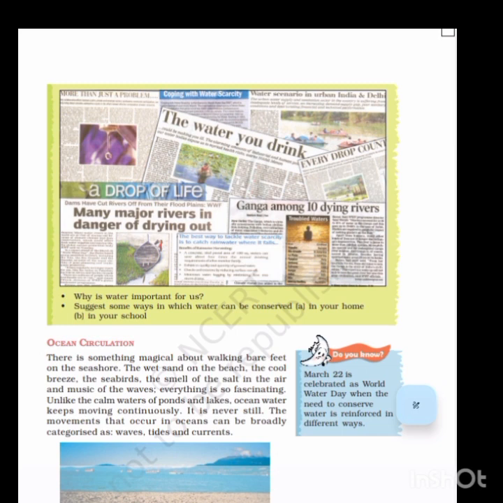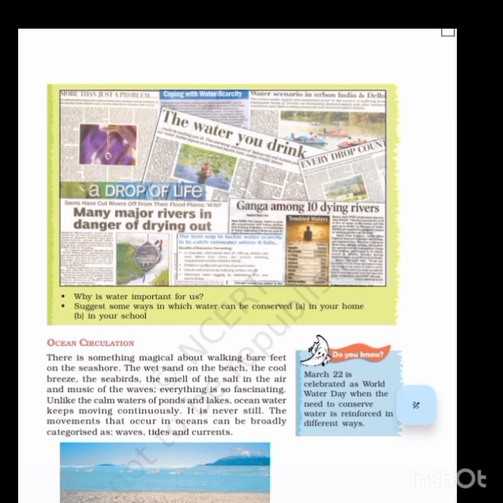In this we are going to learn about several things like waves, tides and currents. Now, before starting this topic, we should know what ocean circulation is. There is something magical when you go somewhere barefoot on the seashores or on the beaches, on the wet sand. Have you observed this?